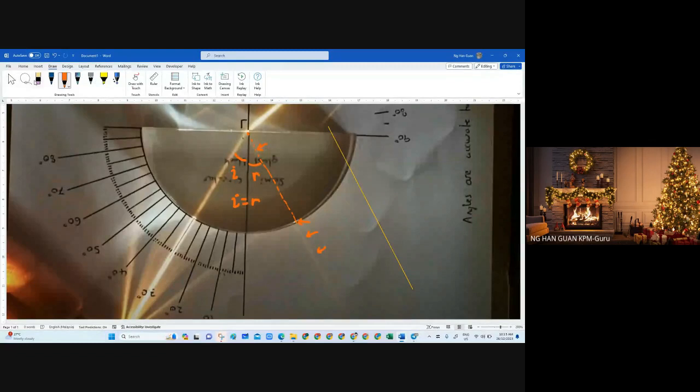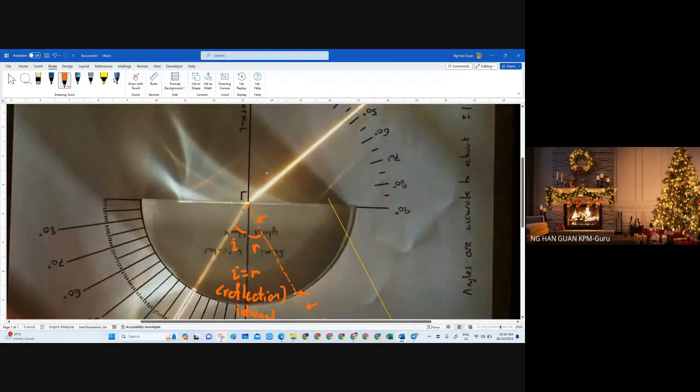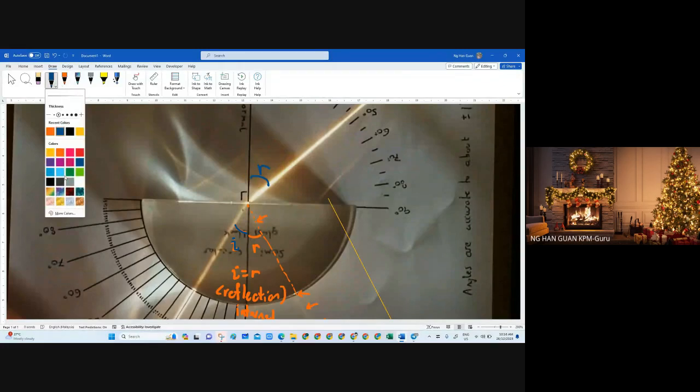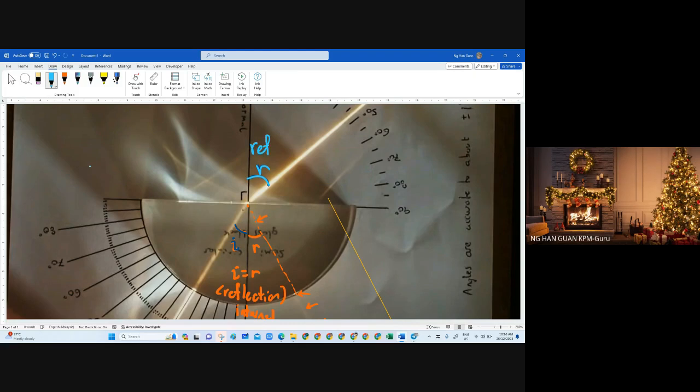Okay, it means that here, what happened here? This is a reflection, but it's internal reflection. Okay, and what happened here? This angle and this angle, this is a refraction.